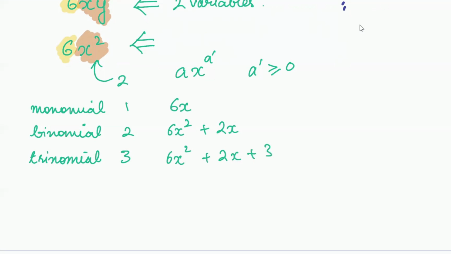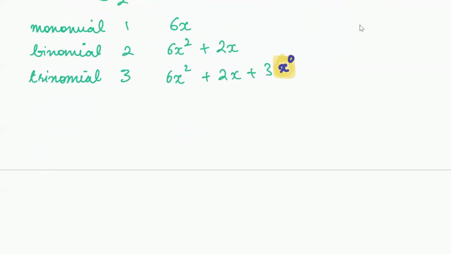Now, what is 3? Is that a term? Yes, it is a term, because the variable part x here has the exponent of 0. So all the constants are also a term which has the variable part, but their exponent is 0.